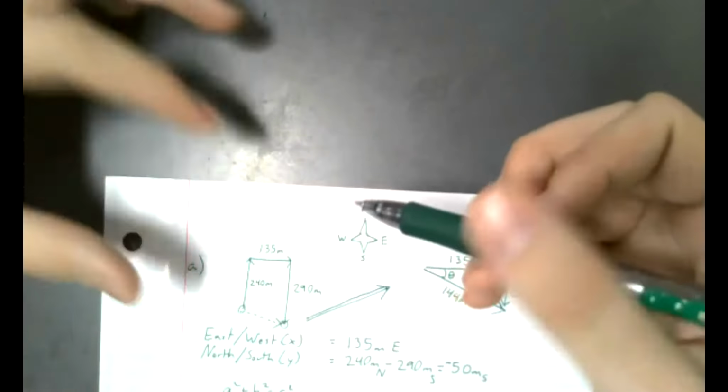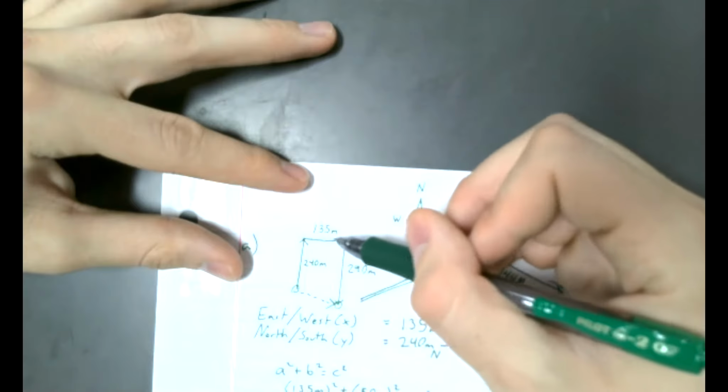All right. So it looks like this. The first thing I wanted to do was map out where he was walking. So he walked 240 meters north, 135 meters east, and 290 meters south. And so he did this square box shape and did a dotted line like this.